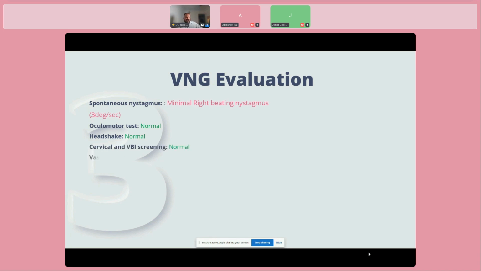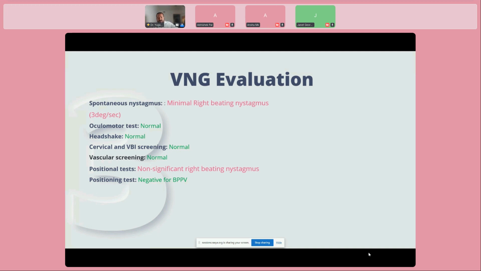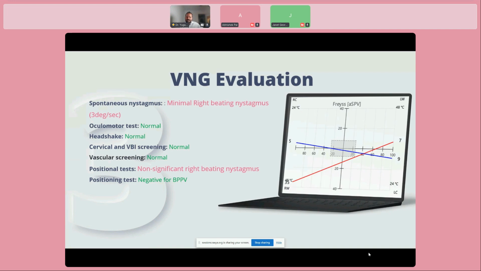So the last one, again, there's spontaneous nystagmus, and all others were completely normal. Positional indicated some non-significant right beating nystagmus. Again, minimal right beating, and between the spontaneous and positional right beating nystagmus there is a correlation, and it could be peripheral, right?